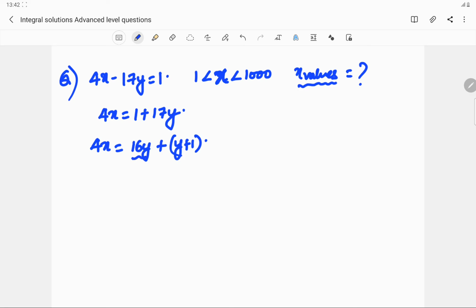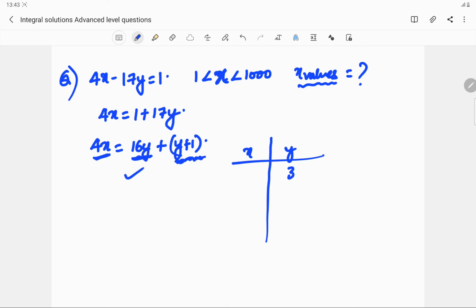This 16y will be divisible by 4, and we also know that on the left hand side of the equation there is 4x, which is again divisible by 4, so this remaining part should also be divisible by 4. So for this to be divisible by 4, the value of y has to be 3.